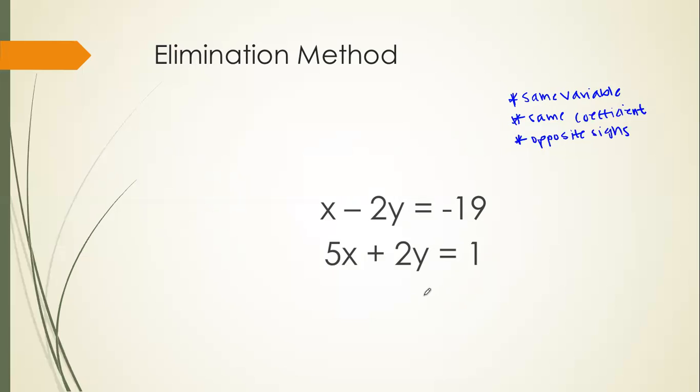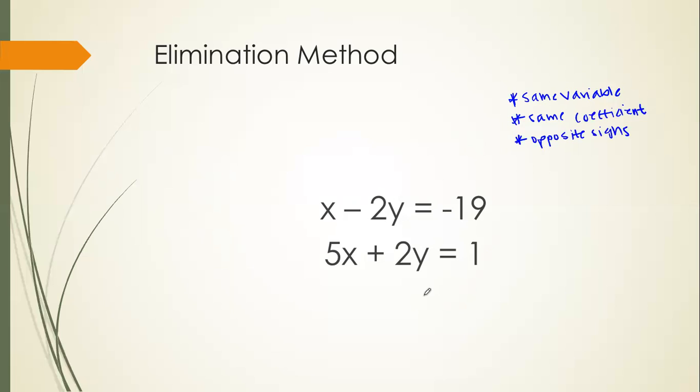I'm asking about which variable, the x's or the y's? The y's. Both of the equations have y's, same variable, with the same coefficient. They both have 2 and opposite signs, a plus and a negative.